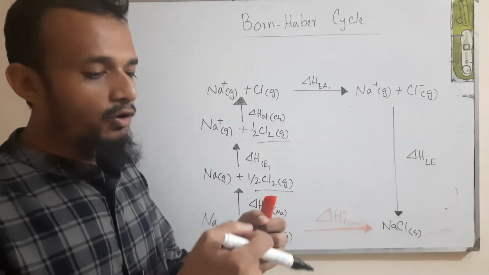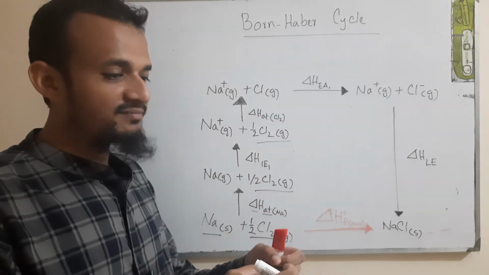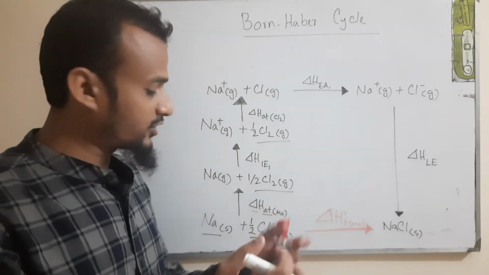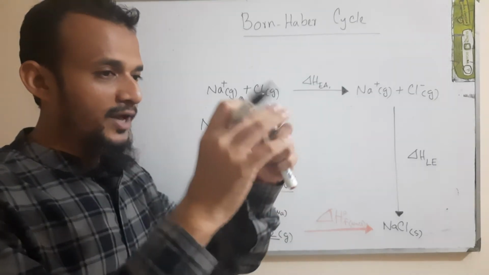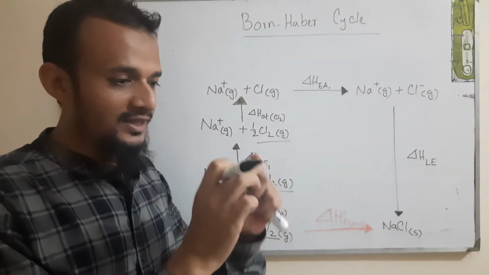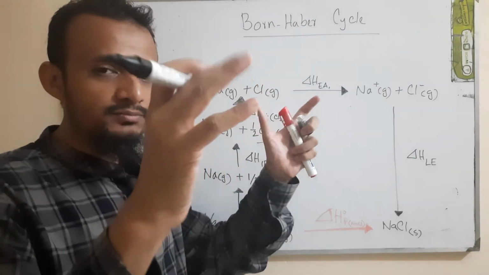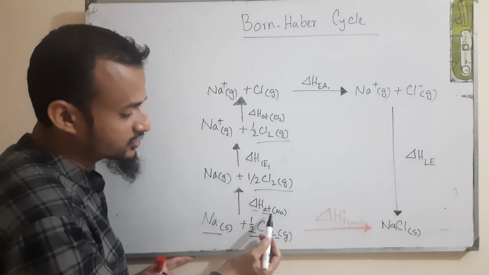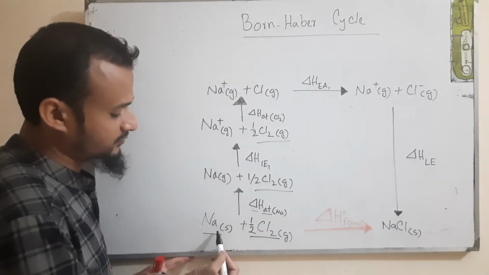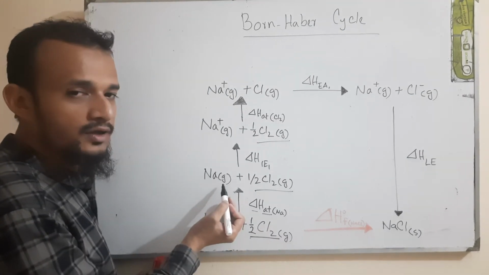When you melt and vaporize the sodium solid, it will become atoms. So this is the enthalpy change of atomization of sodium, from sodium solid to sodium gas.